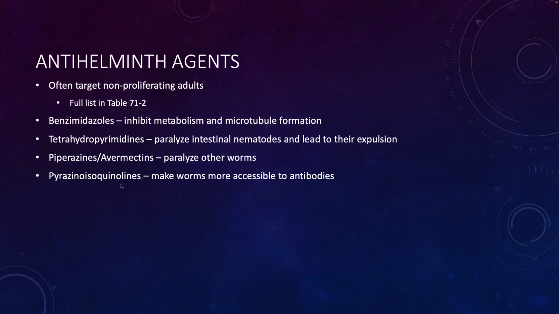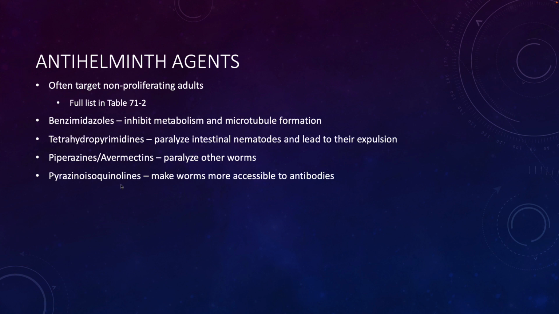So if you've taken immunology, or if you're taking immunology, you might have talked about IgE and how IgE is this antibody that we tend to think of as being more associated with an allergy response. It causes an allergic reaction. But IgE is also the antibody that is supposed to target parasites.